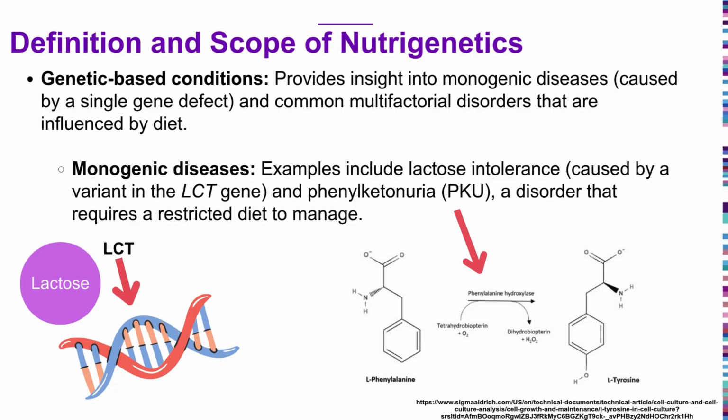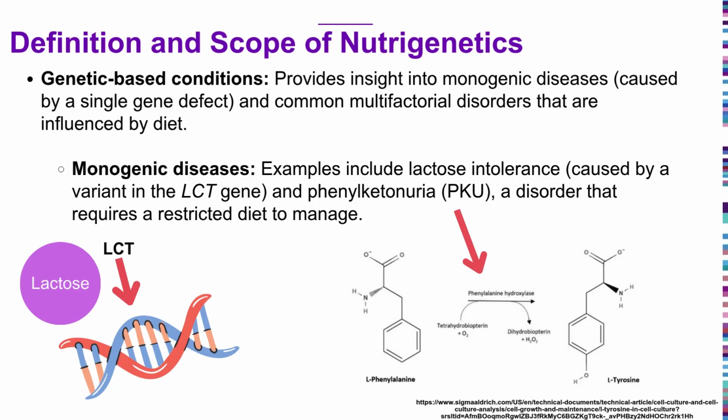Alternatively, other variants in the gene can prevent lactase from developing properly from birth, which would cause lactose intolerance even from a young age. This is a good example of the variety of ways mutations or variants can cause issues or provide benefits. A second example involving a single gene is phenylketonuria, or PKU, which is a disorder that results from mutations in the PAH gene.